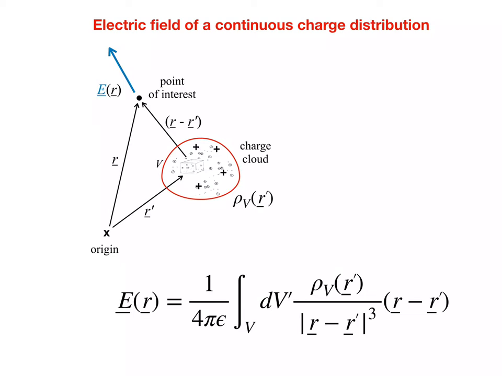The point charge is replaced by a charge cloud that in this case contains only positive charges. The charge cloud is quantified using the volume charge density ρ, which is a function of r'. Each discrete charge in the charge cloud contributes to the net field vector E. E can be determined by integrating over all such contributions, as shown by the equation at the bottom.